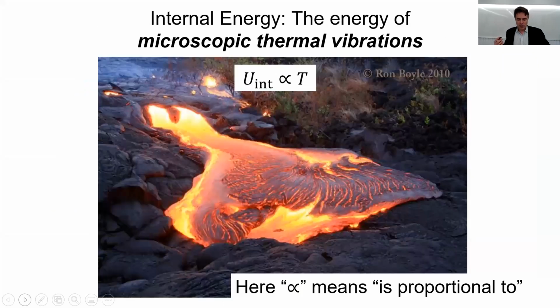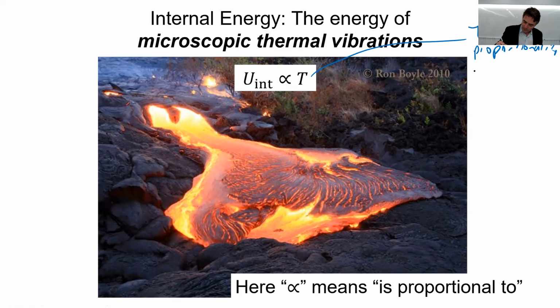Internal energy. So this is the energy of microscopic thermal vibration. So this lava has a whole bunch of internal energy because it has a high temperature. It's proportional to the temperature, so something that's at a higher Kelvin temperature. This proportionality works for T in degrees Kelvin, if you've ever heard of that.